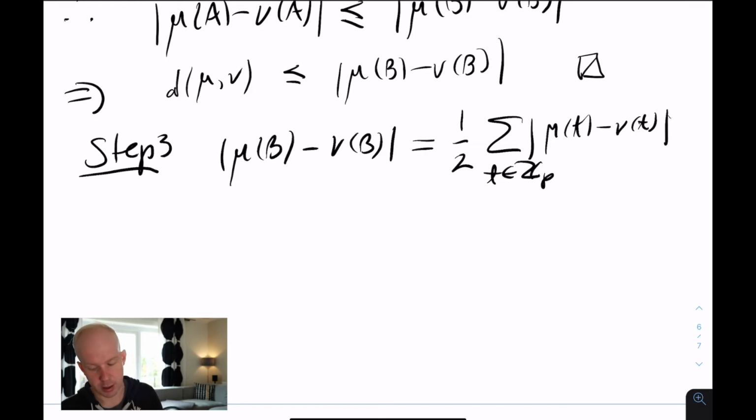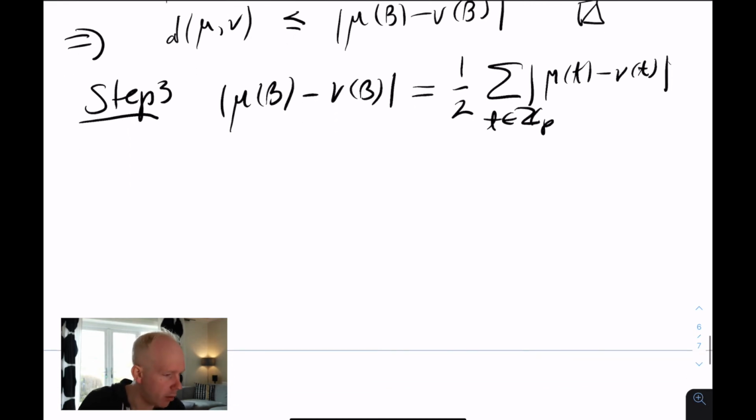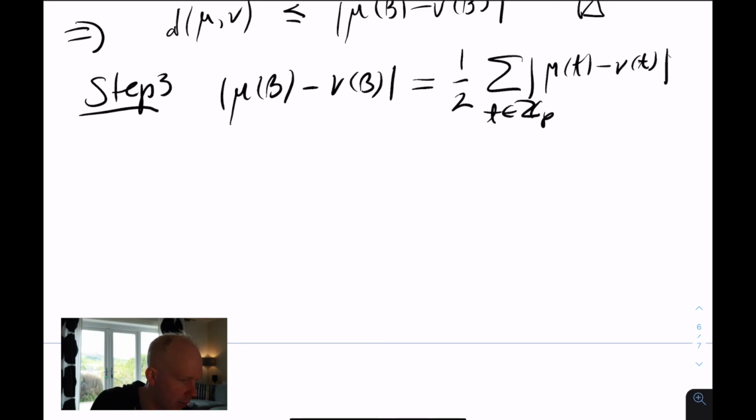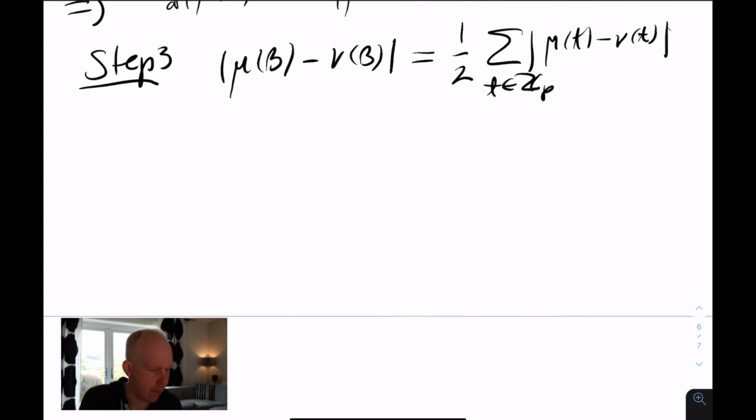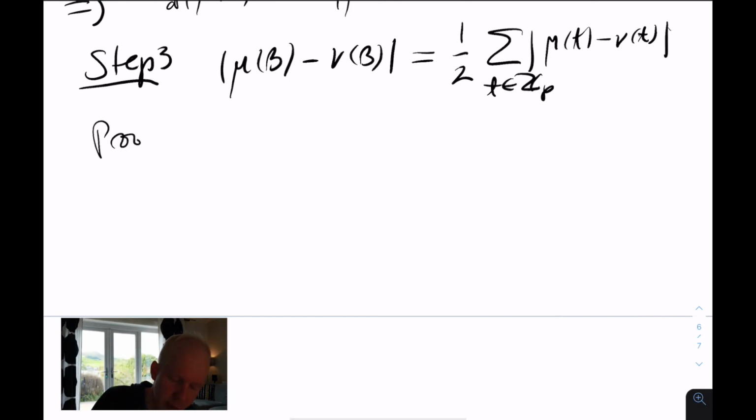So that's the next step that we want to check. Now we could use the previous step, or actually just the basic example. The first thing is to start the proof of this.